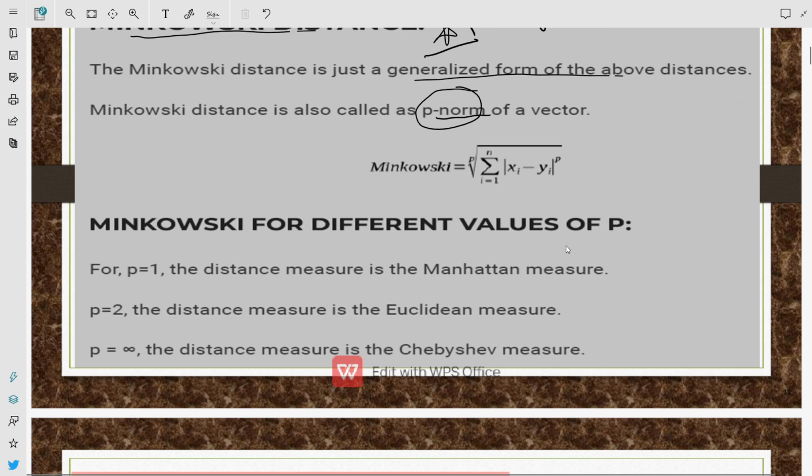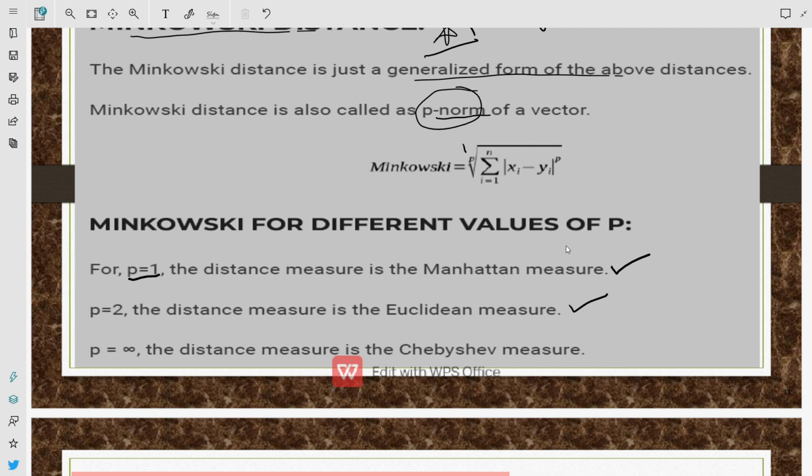Now, Minkowski distance for different values of p. If the p value is 1, then that distance measure is the Manhattan distance. When p equals 2, that distance measure is the Euclidean distance.